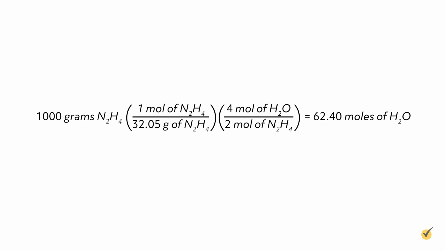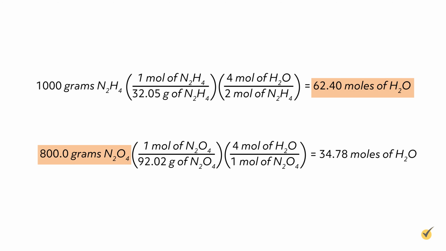Here's what we came up with. From 1,000 grams of hydrazine, you can produce 62.40 moles of water. And from 800 grams of dinitrogen tetroxide, you can make 34.78 moles of water. Aha! We have just identified dinitrogen tetroxide as our limiting reagent.